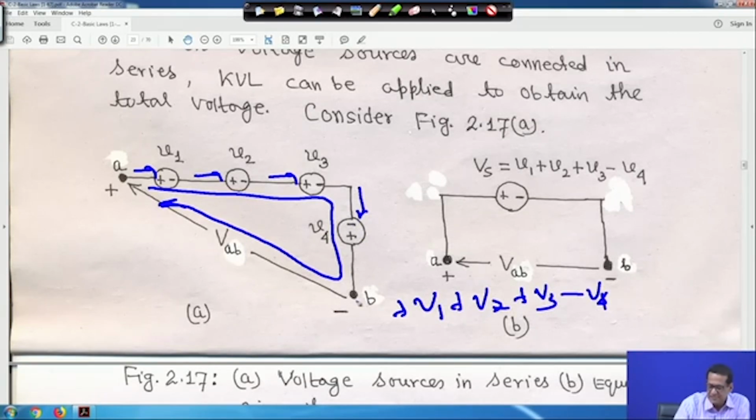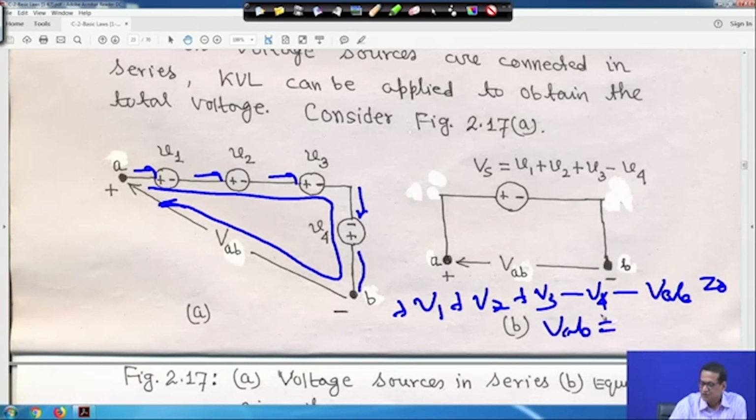Here also VAB is there, but moving clockwise, we encounter the minus terminal first, so minus VAB is equal to 0. That means VAB is equal to V1 plus V2 plus V3, and that is your VAB.